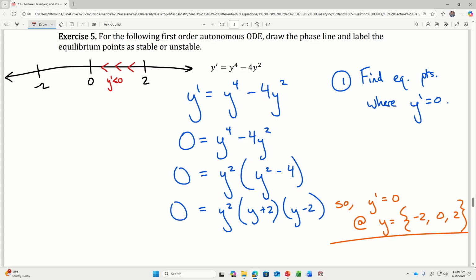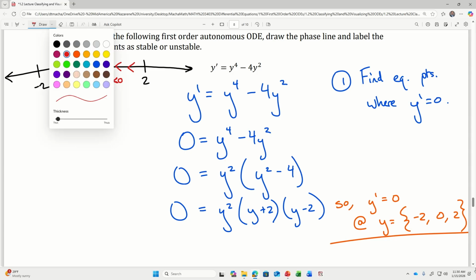Because in this region, y prime is less than 0. What if y is greater than 2? Like what if y is equal to 3? So I'm out here. If y is equal to 3, this is 3 to the 4th power minus 4 times 3 squared. So it's like 81 minus 36.